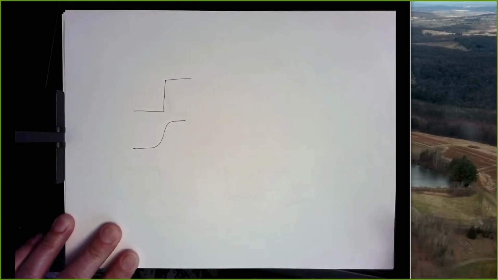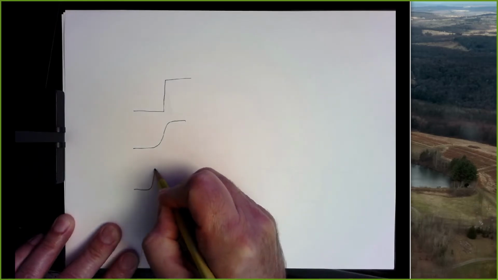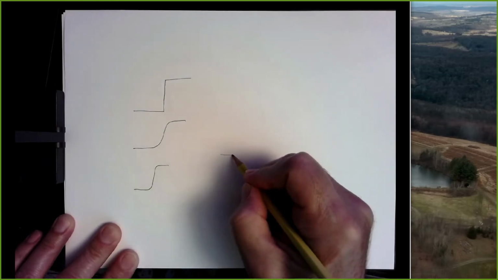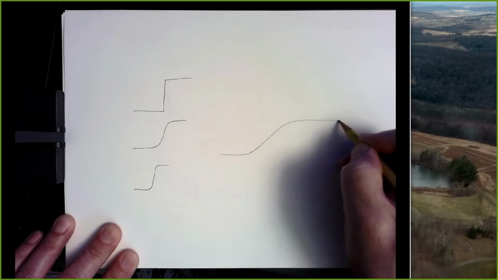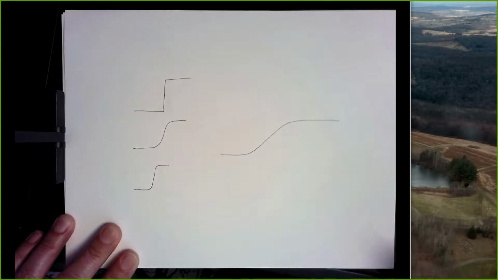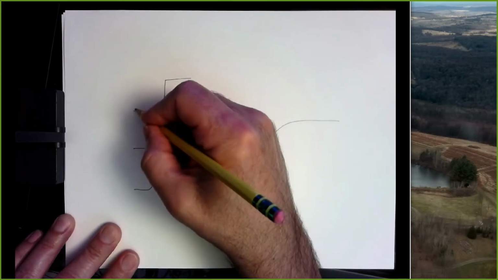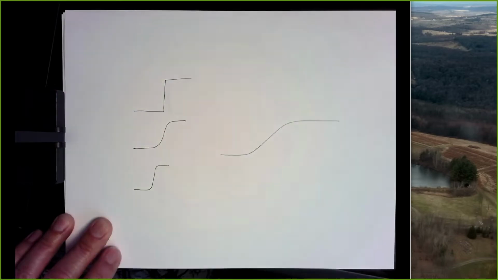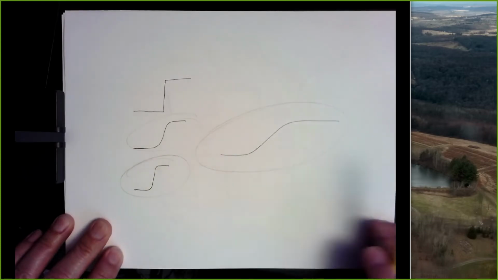If your circuitry is very good, you can make this pretty close to vertical. If your circuitry is very slow, it might do something like that. But the theory is, for an inverter, if you change the input from 1 to 0, the output goes 0, 0, 0. Boom, the output's suddenly 5 volts. But this is more of the reality.